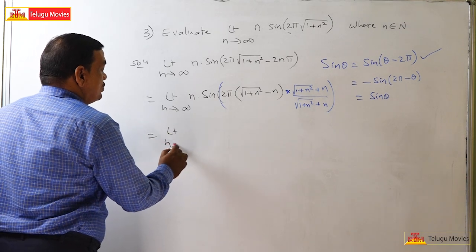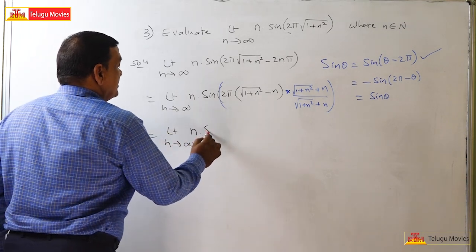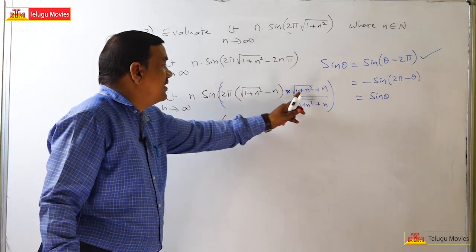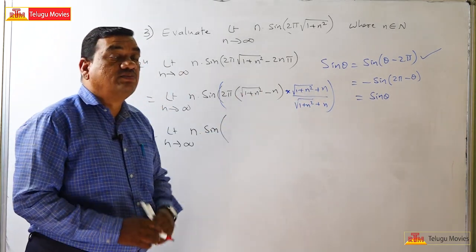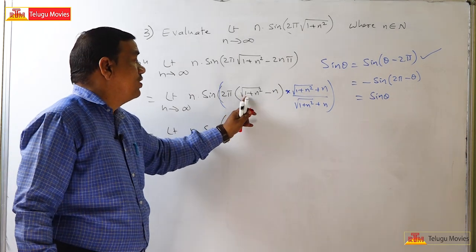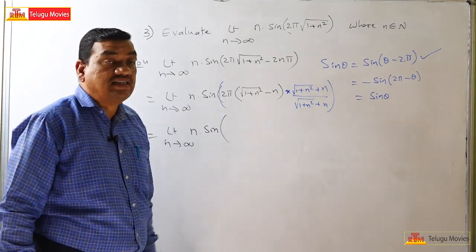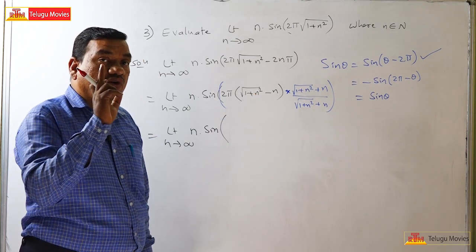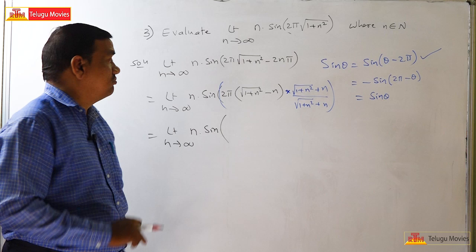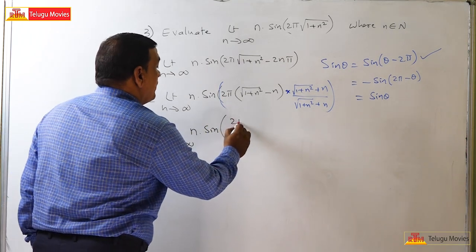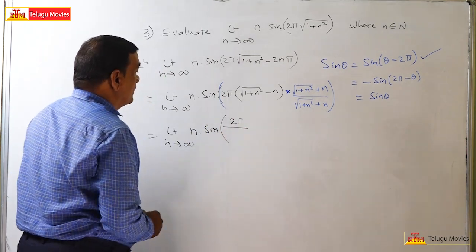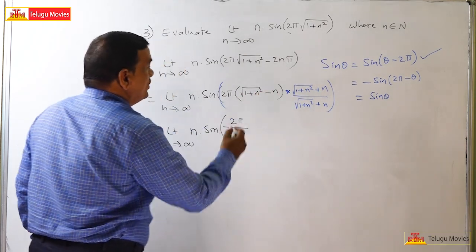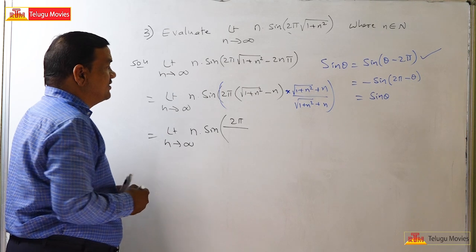limit n tends to infinity, n as it is, sine of. So this is how much here? a plus b into a minus b is a square minus b square, so 1 plus n square minus n square. So n square will cancel and you will remain with 1. So that is equal to 2 pi by root of 1 plus n square.